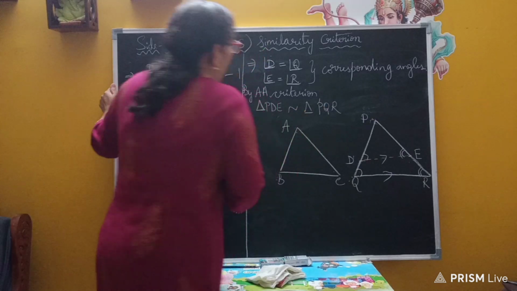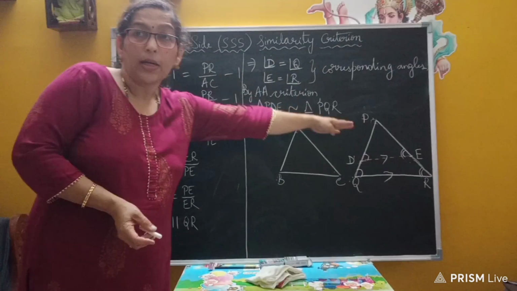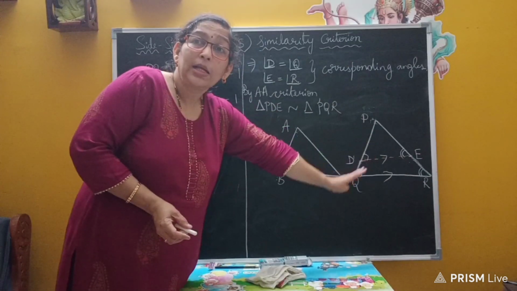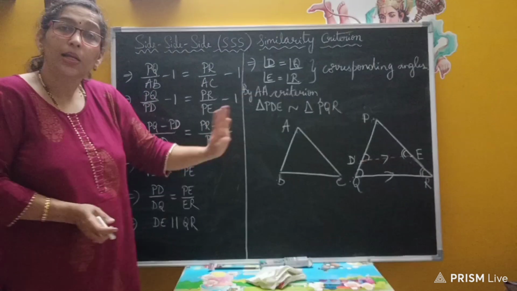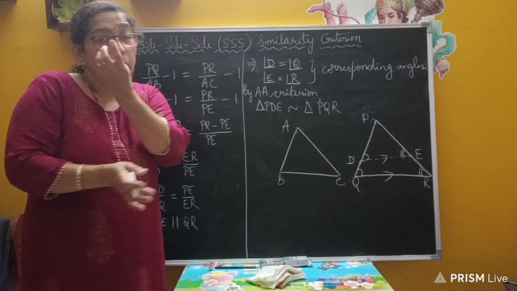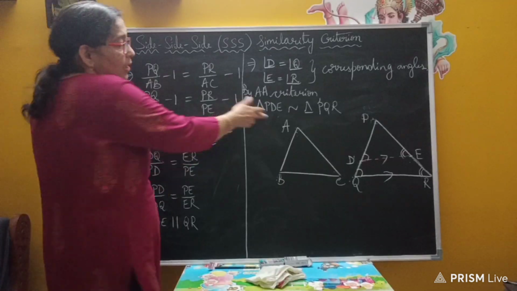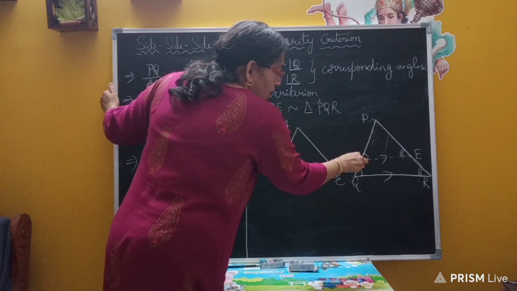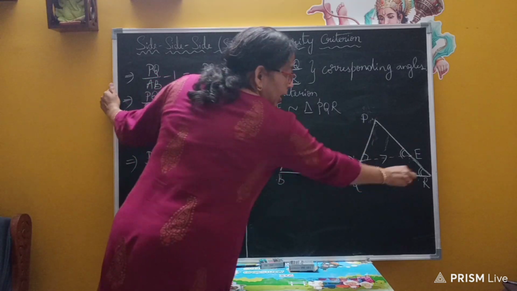Once we have proved the triangles are similar, what do you say about the sides? Their corresponding sides are in the same ratio, isn't it? So how do you write the ratio now? PD by PQ, because PD is the side of triangle PDE and PQ is the side of triangle PQR.